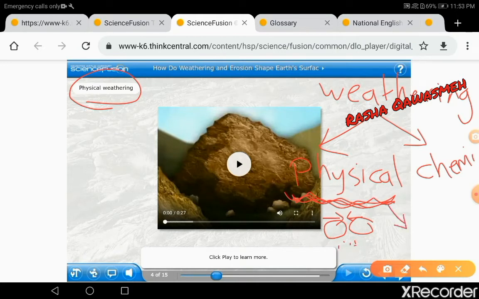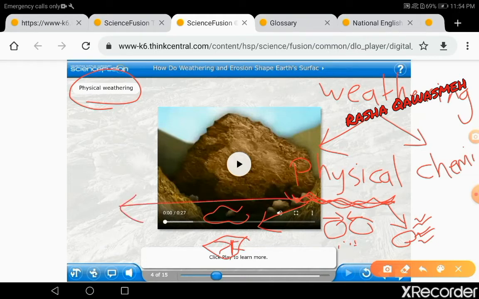Or it could be by moving water. It could break the rocks. Or when water gets into cracks of the rocks, it causes it to damage. Or when the roots of the plant grow deeper and deeper, it breaks the rocks. So this is called physical weathering.